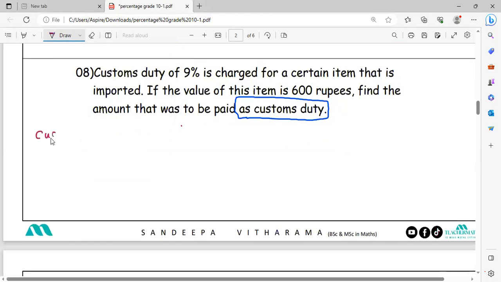Then customs duty is equal to a percentage of the worth of the item.